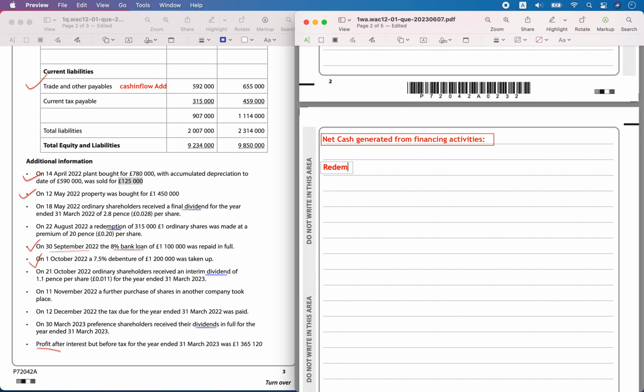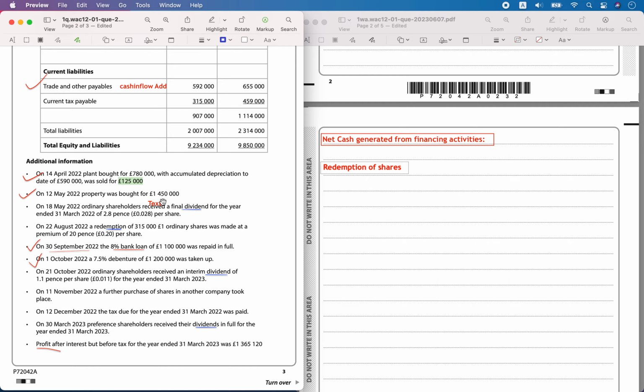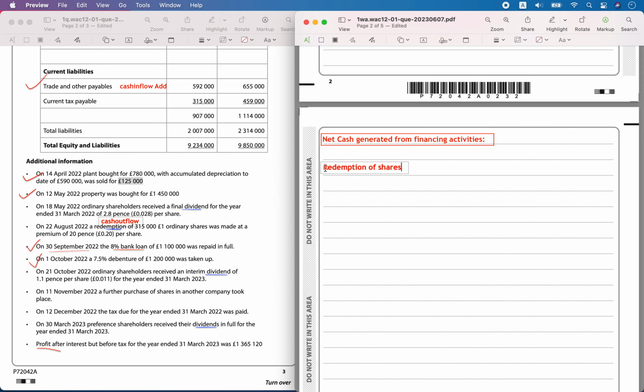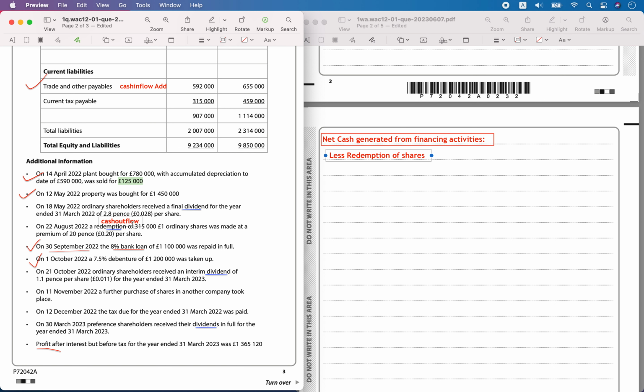Redemption means you are buying back the shares, paying money to the shareholders. Redemption of shares is a cash outflow. Any cash outflow that has happened, you will have to subtract, showing it as a decrease. So of 315,000 pound ordinary shares, it was made at a premium of 20 pence.